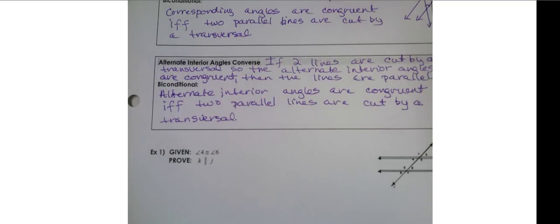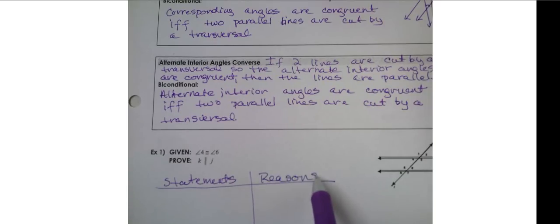Okay, so angle 4 congruent to angle 6 is what we are given, so we're going to set up our proof. We have our statements and our reasons. And of course, we're always going to start with the given, which is angle 4 congruent to angle 6, and that is given.